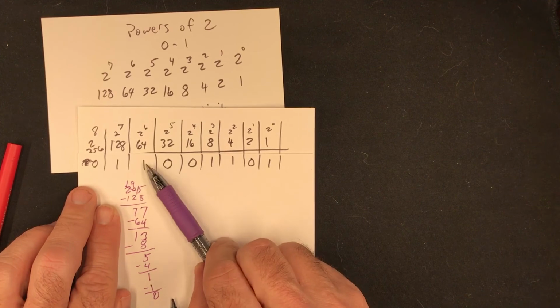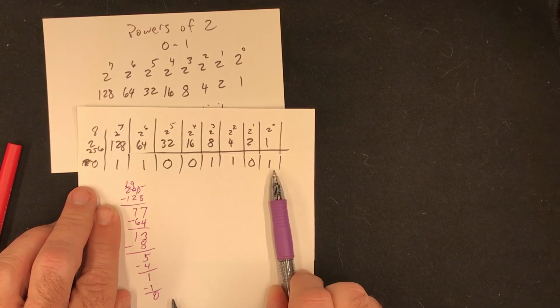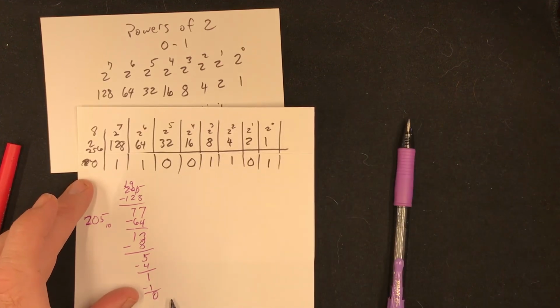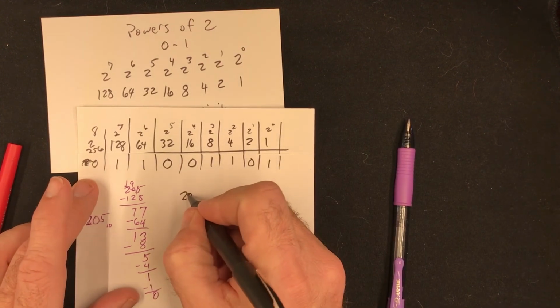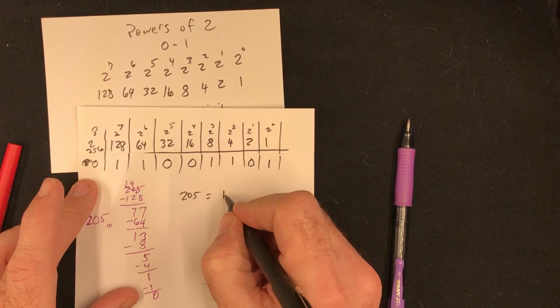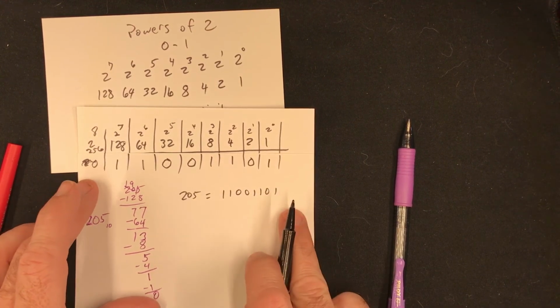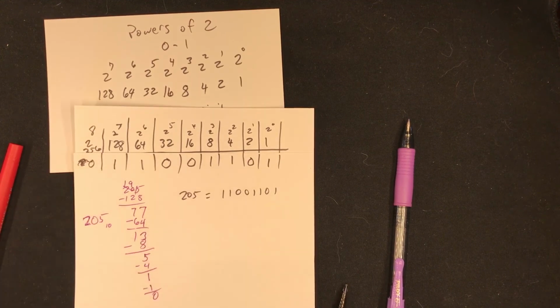So 11001101 should add up to 205. So that's the 8-bit binary number equal to 205.